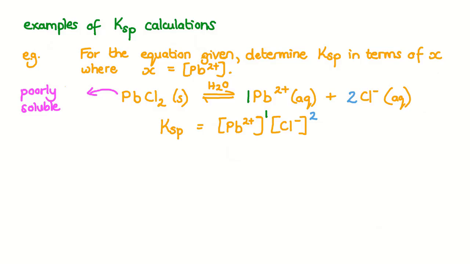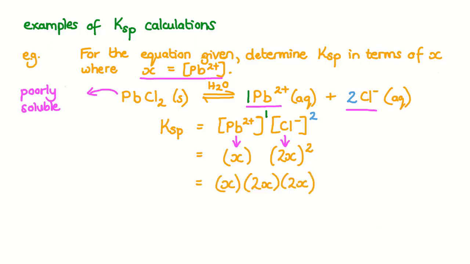We are not given the concentrations of these ions, but we are given the concentration of the lead ion in terms of x. So if lead's concentration is x, and for every 1 lead ion there are 2 chloride ions, then the concentration of the chloride ions must be 2x. And we mustn't forget to square the concentration of the chloride ions.